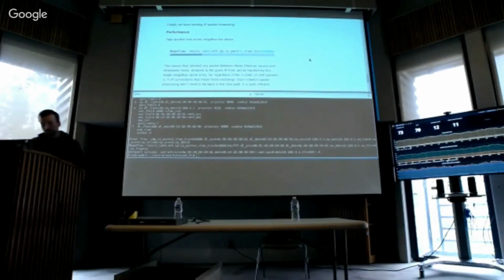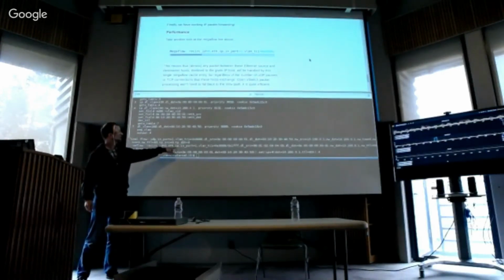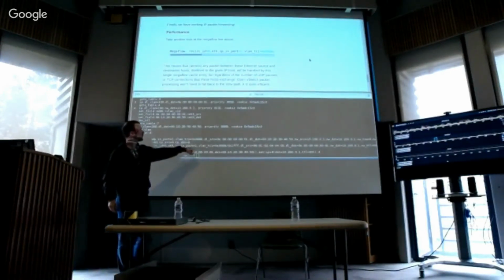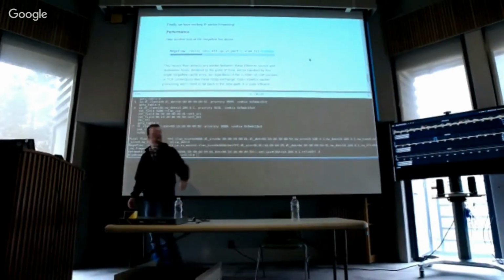Okay, let's look at the Megaflow. So here's the Megaflow entry, and this is what's really important to look for in OVS performance. We can see that the Megaflow entry matches any IP packet coming from that input port without a VLAN and with those particular fields.